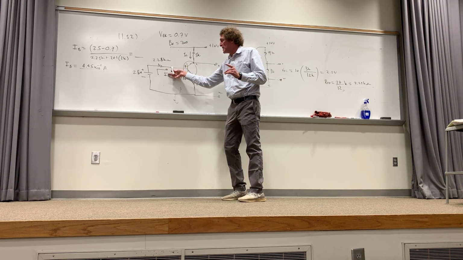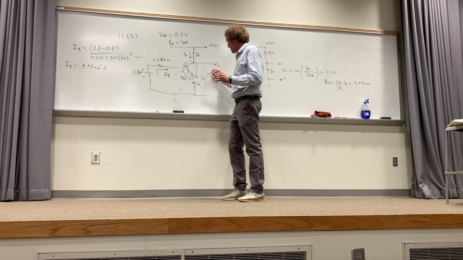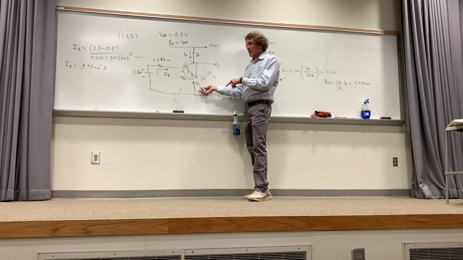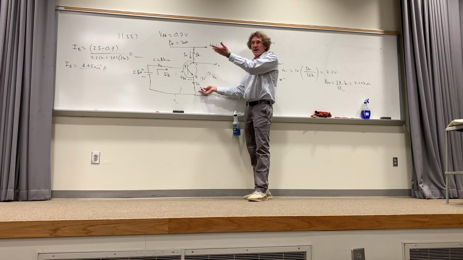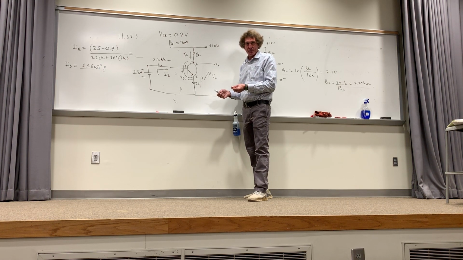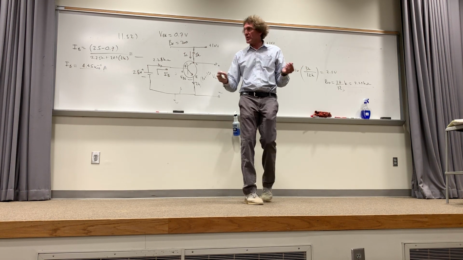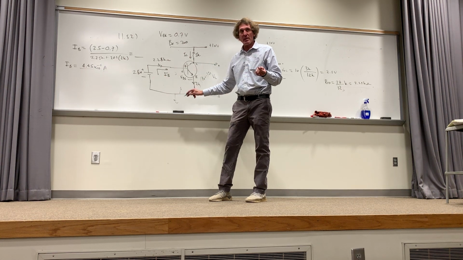Instead of having IB go through it, what actually flows through there? Isn't it beta forward plus 1 times IB that flows through there? So I had multiplied that by 2K, right? The idea is the beta plus 1 times 2K is the effect of that resistance in the base circuit. If you look back at what I did, the step right before this, I went through and summed voltage drops around that closed loop. Do y'all remember this?